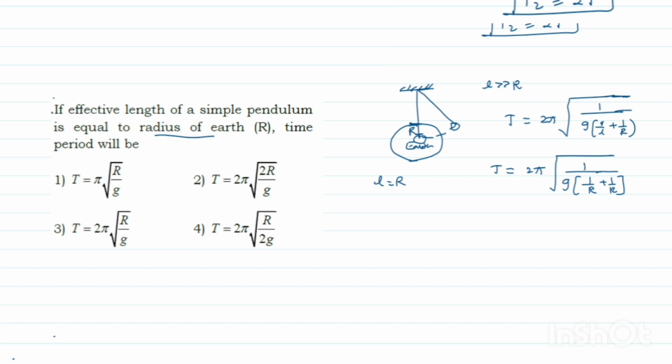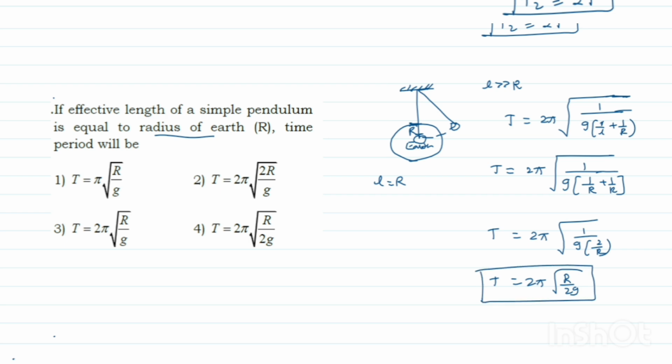When simplifying, T equals 2π into 1 by g into 2 by R, which gives R by 2g. This is the time period formula.